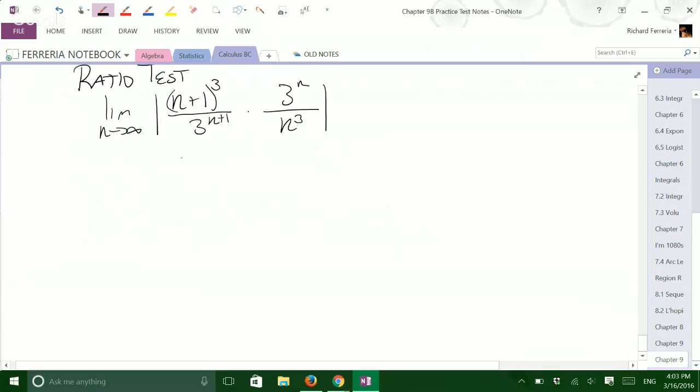So let's simplify. You get the limit as n approaches infinity of n cubed plus 3n squared plus 3n plus 1, over 3n cubed.